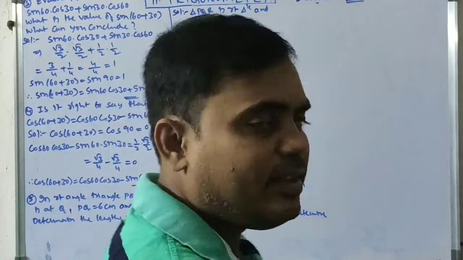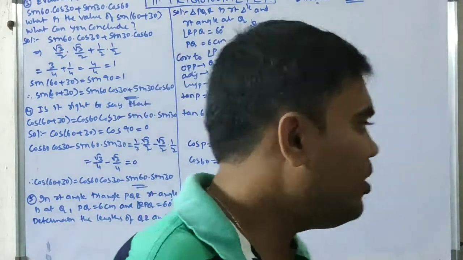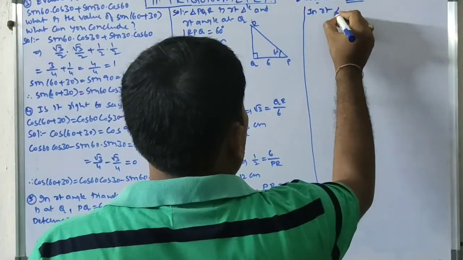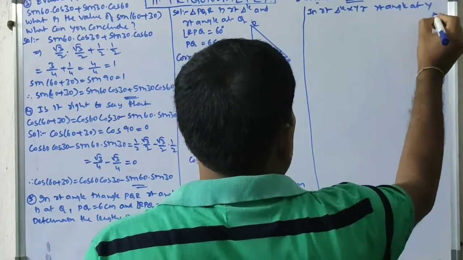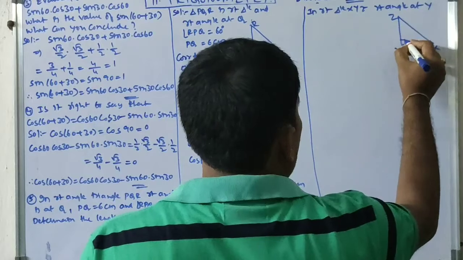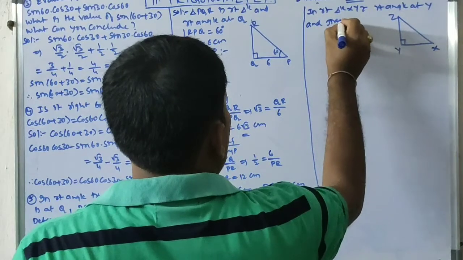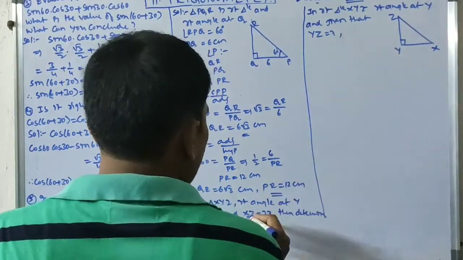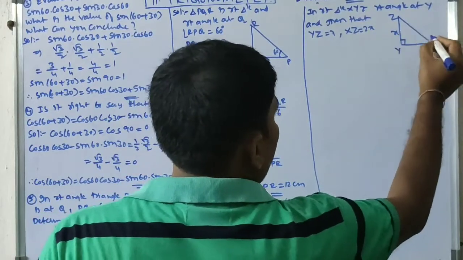So a right angle triangle XYZ is given, with right angle at Y. We need to find angle X and angle Z. Also given that YZ equals x and XZ equals 2x.